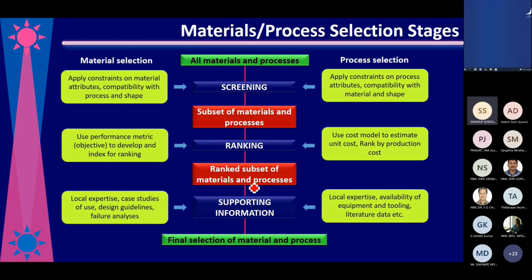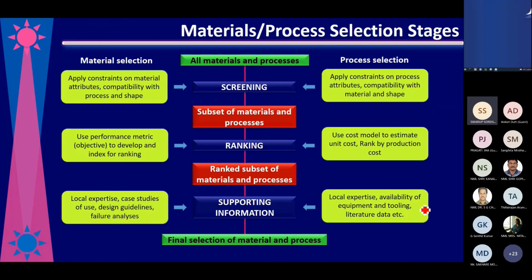And then once we choose in this, then we go for supporting information. Means we go to local expertise, then case studies, we read, go to journals and databases, and again confirm whether the material we are choosing is okay or not based on the previous experiences.